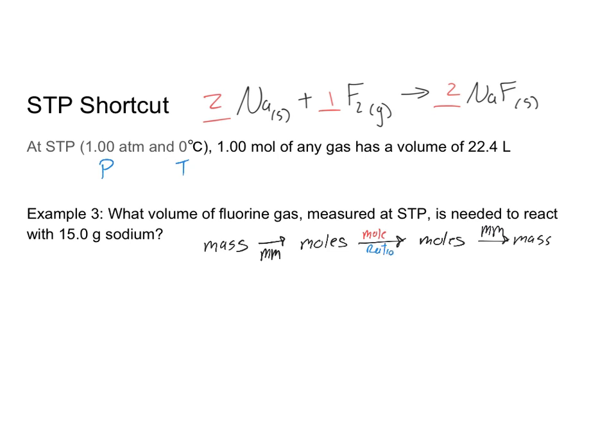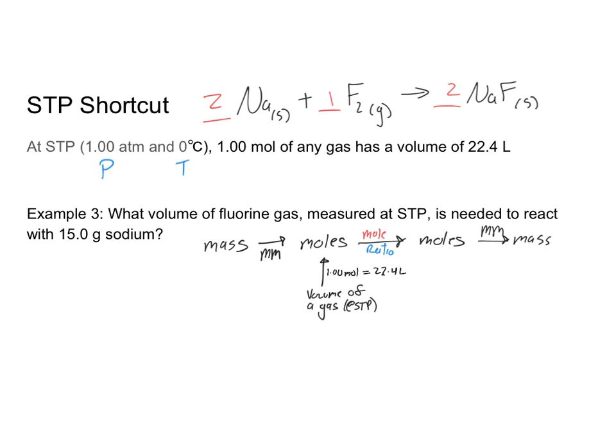But now, if we are at STP only, we can go from volume of a gas to moles, only when we're at STP. And when we do that, we know the relationship is that 1 mole of any gas is equal to 22.4 liters of that gas.